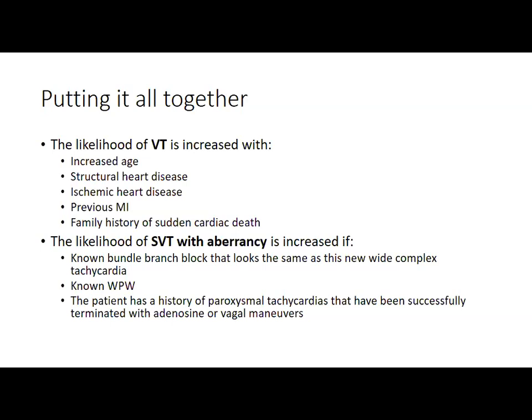So let's say a day ago they were in sinus rhythm and they had a left bundle. Now all of a sudden they're tachycardic and they've got a left bundle that looks exactly the same. It's more likely that that's SVT with aberrancy rather than a new VT. These aren't foolproof, but you can look at old EKGs to help you tell the difference.